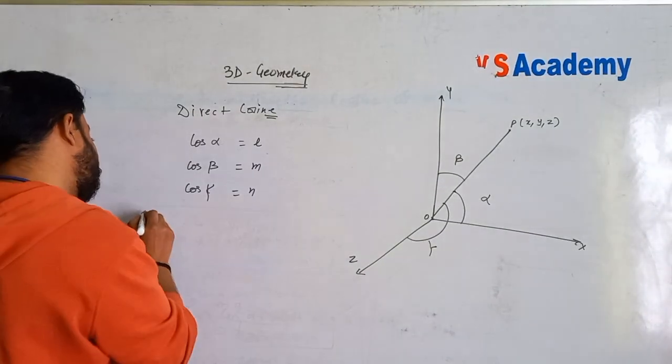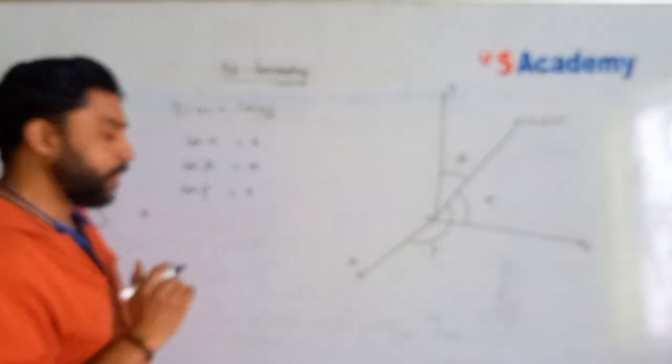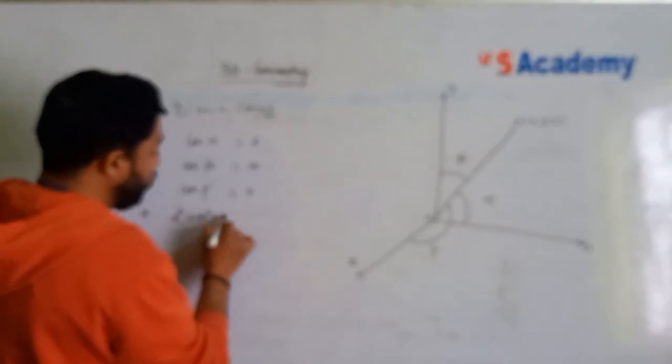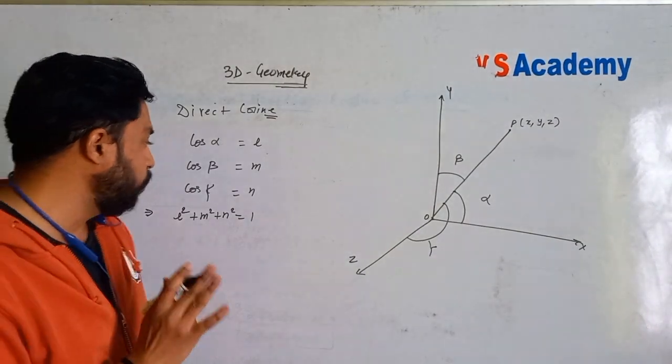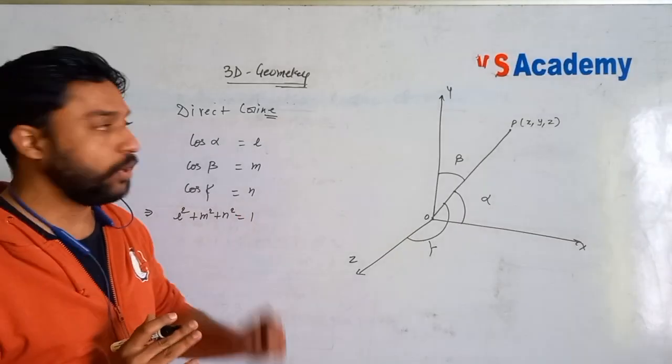I hope you understand. And one more thing is very important, and we will prove it: l square plus m square plus n square is equal to 1. How can we prove that?